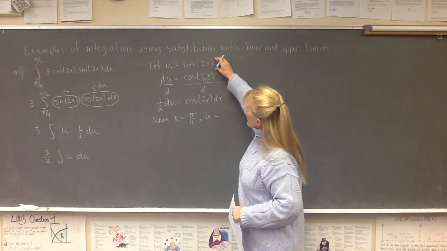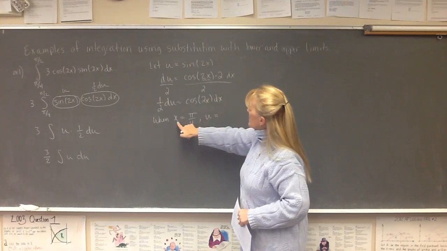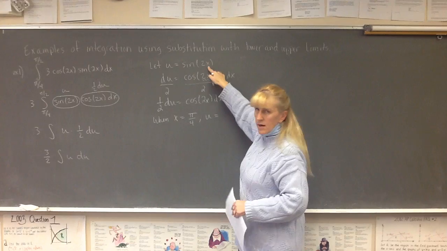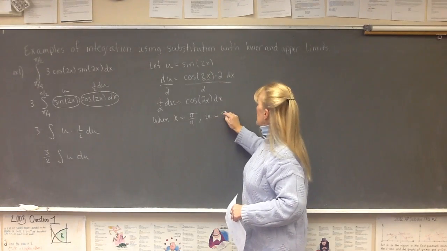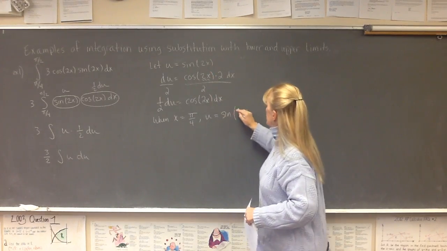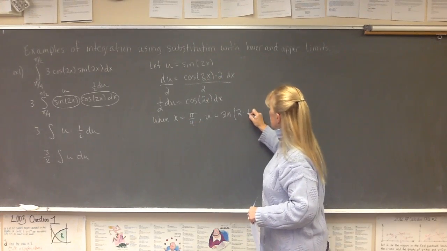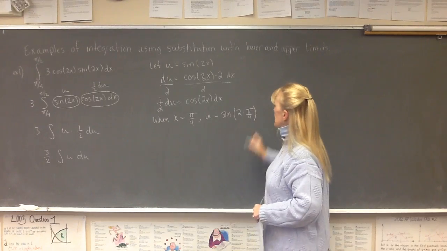So I go up to where I did my u substitution, and all I have to do is put x equals pi over 4 into whatever my u value was. So sine of, open parentheses, 2, and here comes my x, which is pi over 4, so I'm just going to say times pi over 4, like that.